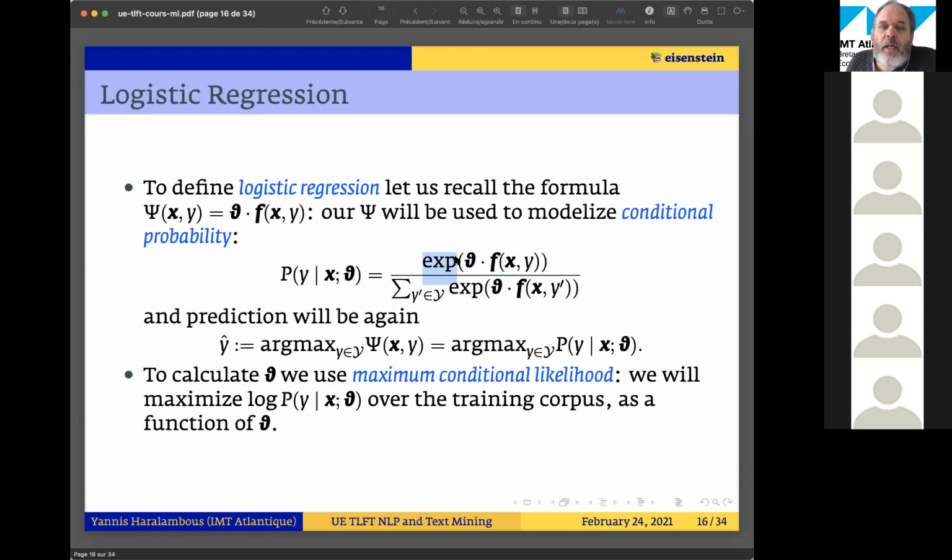So we take the exponential of the scalar product, and to be sure that our model is a probability, we divide by the sum of all exponentials, so that the sum of all of these terms is equal to 1.